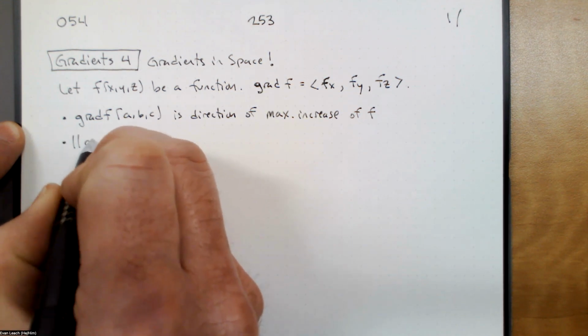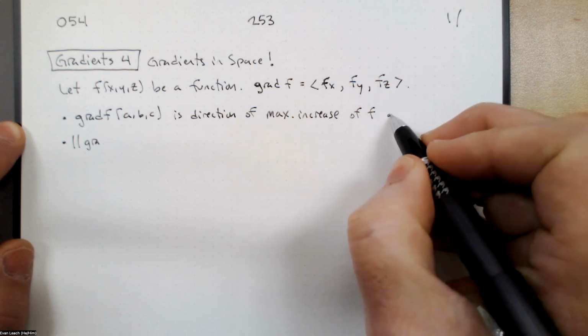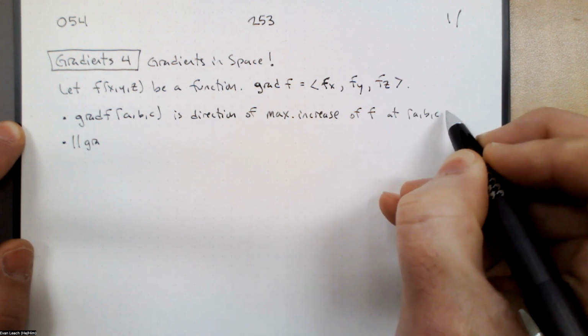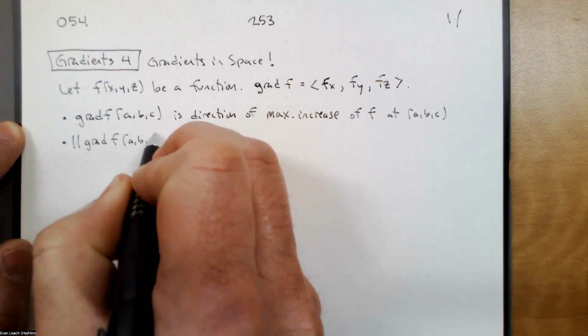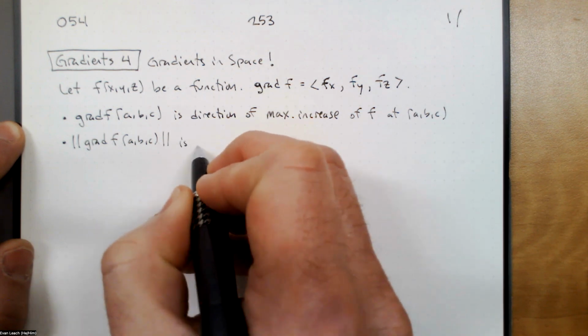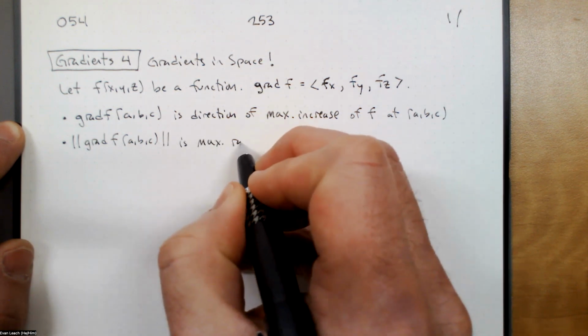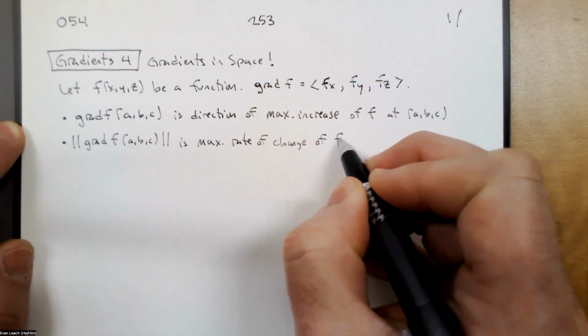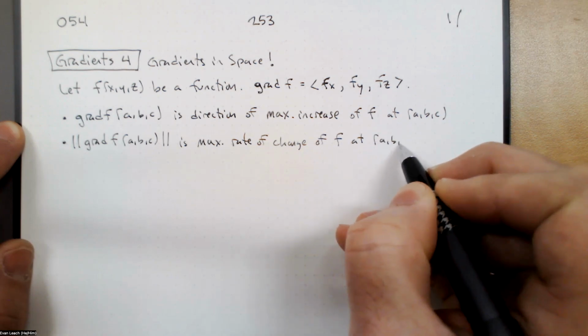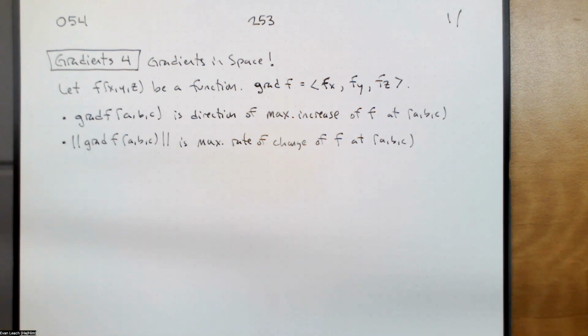If I find the magnitude of the gradient at A, B, C, the magnitude of the gradient will be the maximum rate of change of the function at the point A, B, C. At this point, we'd be like, oh, this certainly sounds familiar.